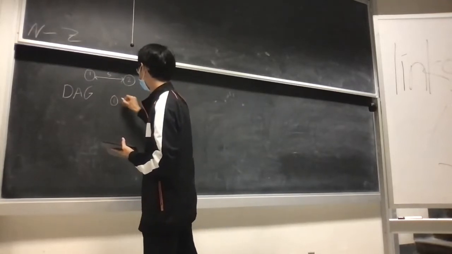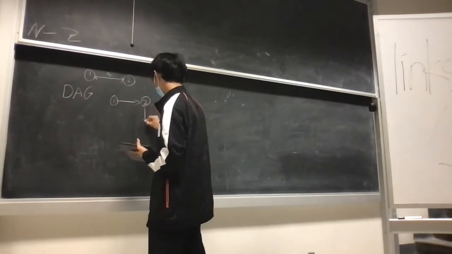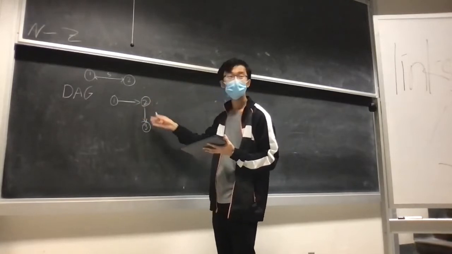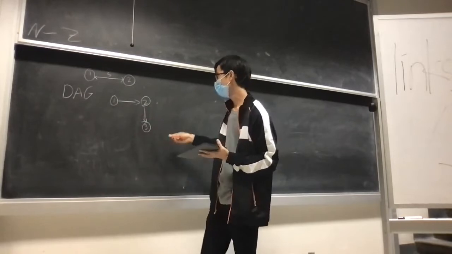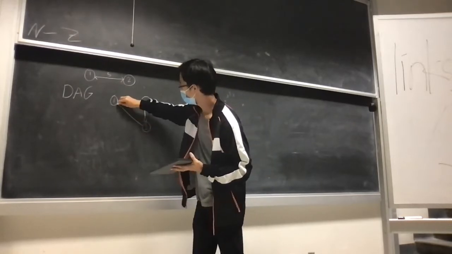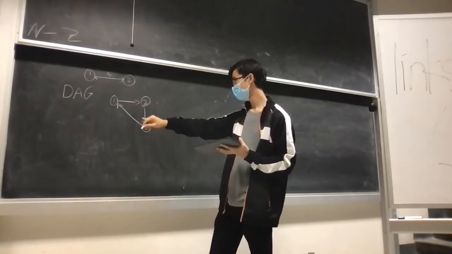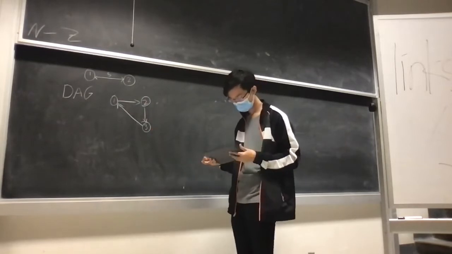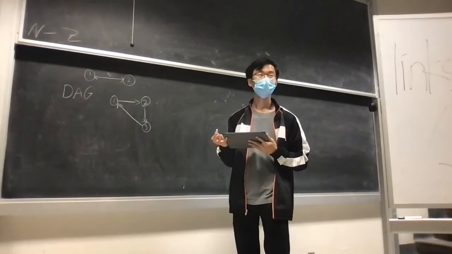So for example, if we drew another graph like this, you can see that if you start from any node, you can't follow some edges and go back to the node you started with. But if we drew another edge like that, then you can see that there's a cycle. So that's not a DAG, because it is directed, but it has a cycle. Okay, so are we clear on that?